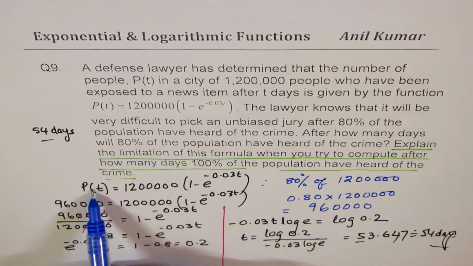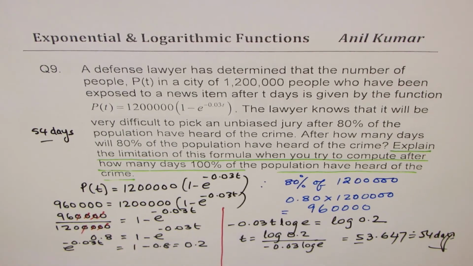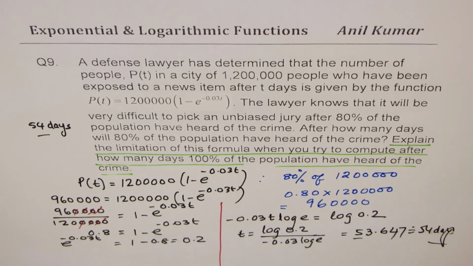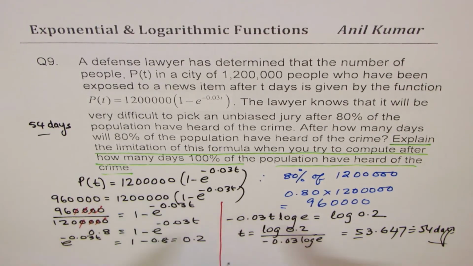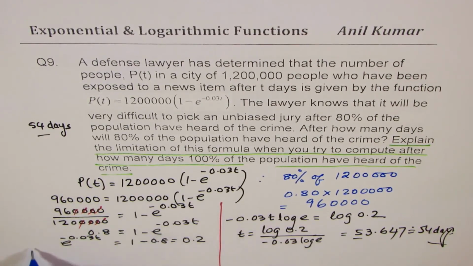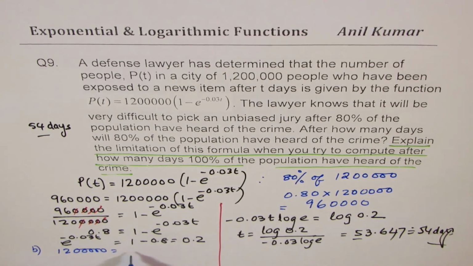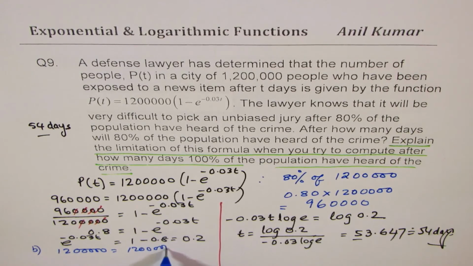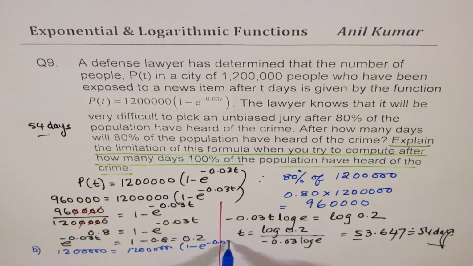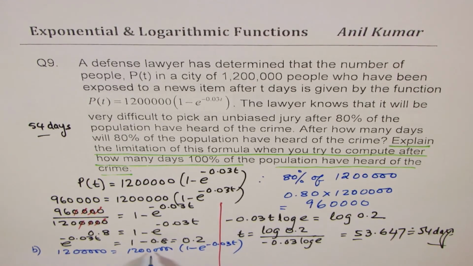So if I write P(t) for part B, we get 1,200,000 equals 1,200,000 times (1 minus e to the power of minus 0.03t). So they cancel away.